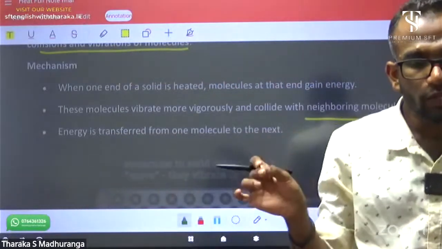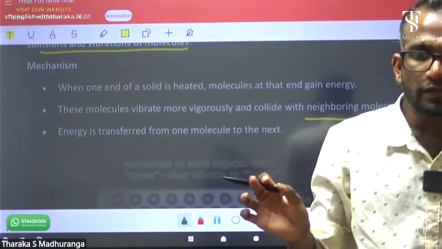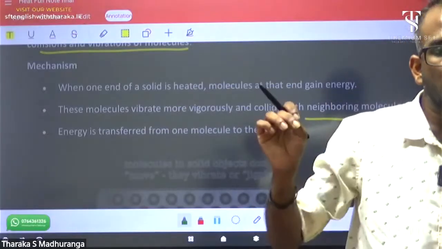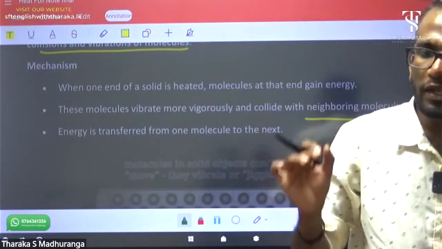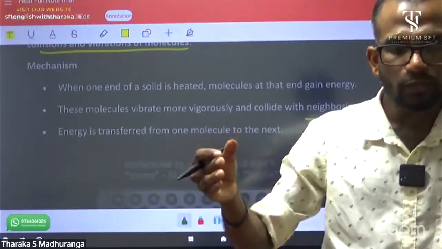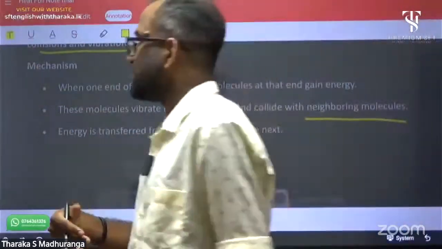If you want, you can note down. The molecules have no net movements. It's only vibration. That's the main characteristic. It's only molecule vibration and transfer to the next molecule, continuously until the end, right?